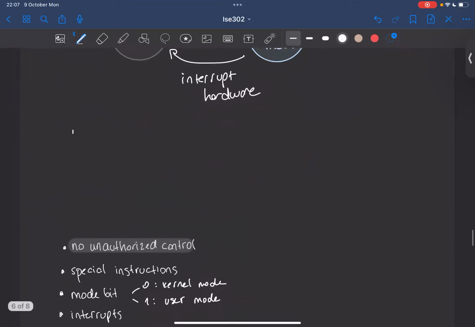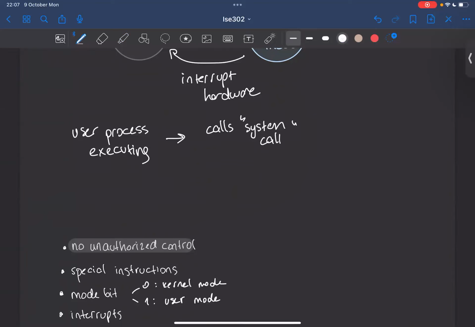User wants to process, once it's processed to be executed, okay? And to do so, we need to call a specific instruction. We say system call. So we call system call, okay?